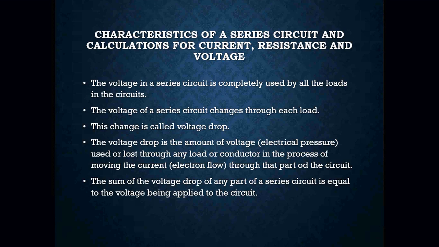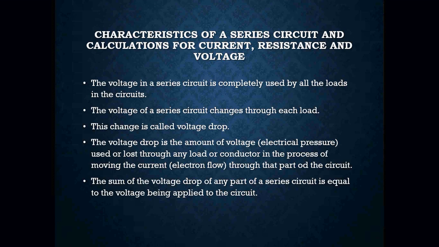Not one of your light bulbs, motors, solenoids, coils, whatever you're dealing with in an electrical circuit is going to be the same resistance. When we take readings of the voltage across each of those loads, we consider that a voltage drop. We're reading what that load is actually using.